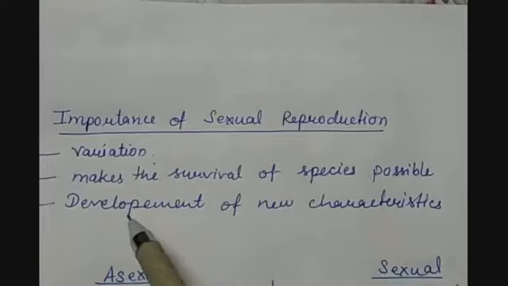Now let us see the differences between asexual reproduction and sexual reproduction. On the basis of parents involved, as we know, in asexual reproduction only one parent is involved. In sexual reproduction, two parents are involved.